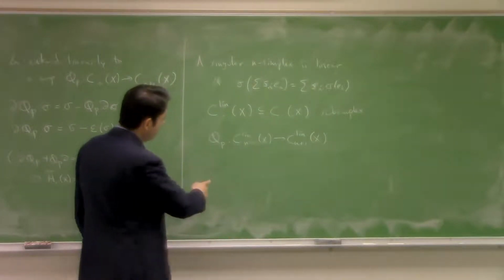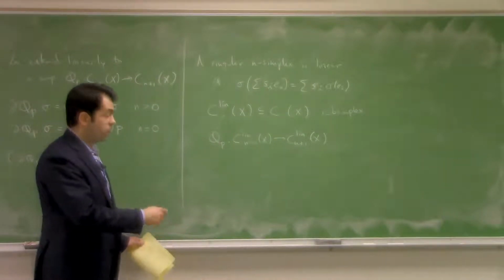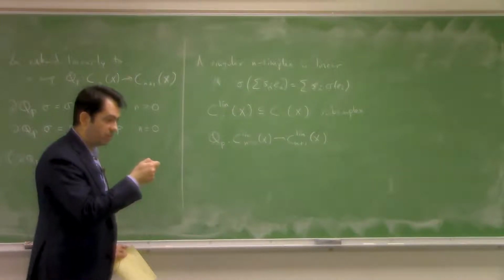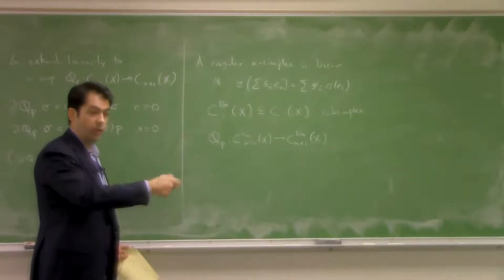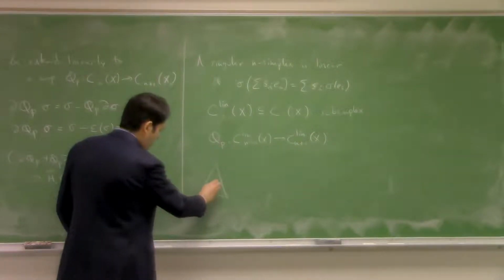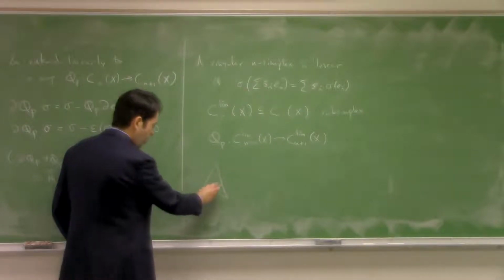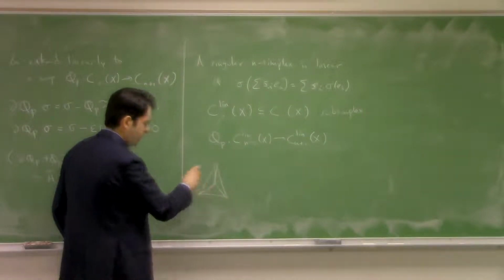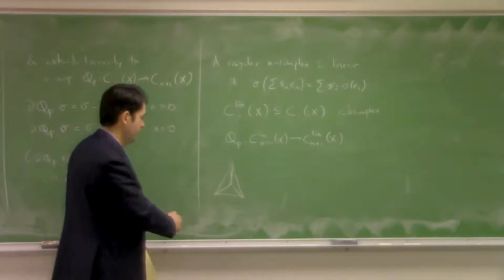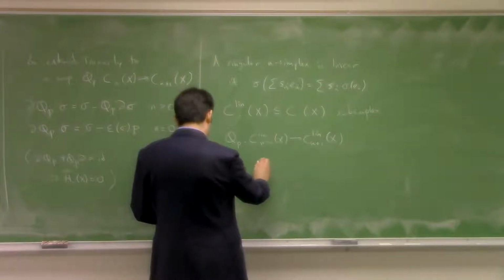Okay, so given a point, we know how to form cones with that point as vertex. So if you want to subdivide, then the idea is you're going to pick some point to use for coning. We're going to pick the barycenter here, and then take every face and cone it off with that as vertex, and that's going to give us our subdivision. So for that purpose, define the barycenter.